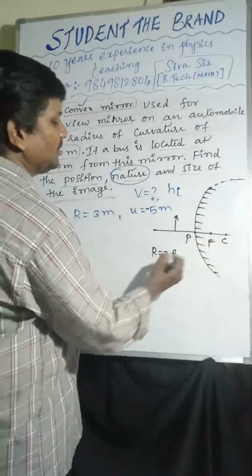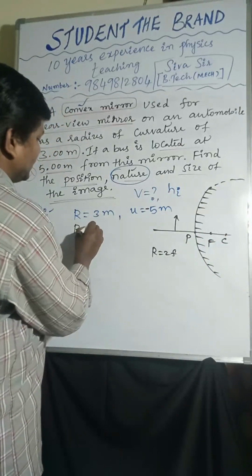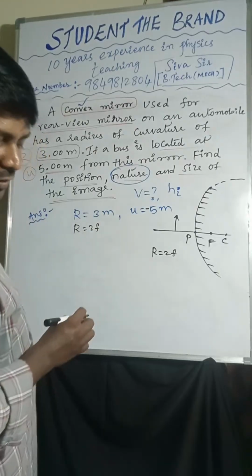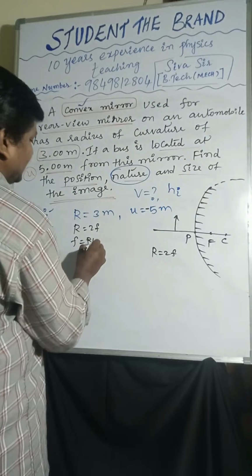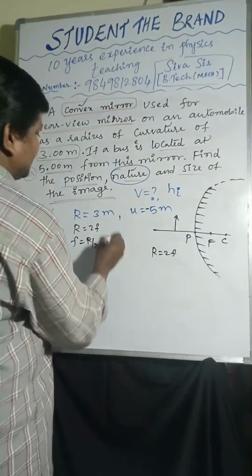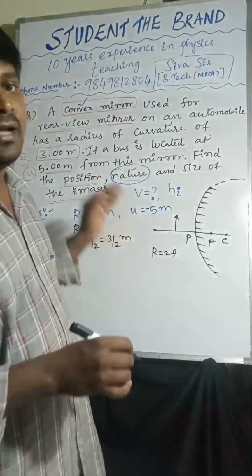Is the focal length positive or negative? For a convex mirror, focal length is positive. So R equal to 2F, F equal to R by 2, that is 3 by 2. Anyway, it is in meter, so keep it like that.